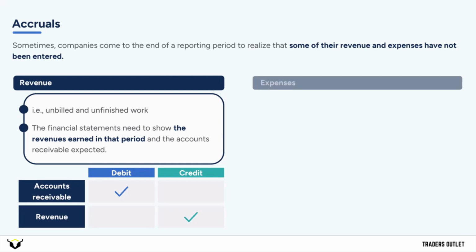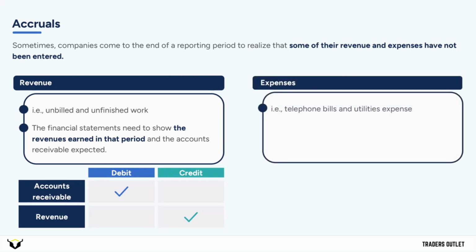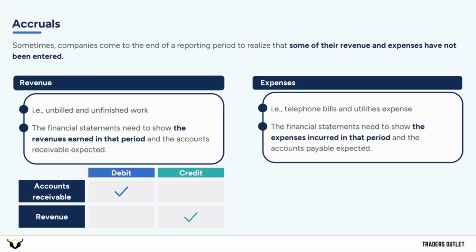The same thing can happen with expenses. We may have expenses that we incurred, but they haven't been recorded yet. Either we're too busy or maybe we haven't got the invoice yet from our vendor or supplier. But even though we haven't actually maybe received the bill from our supplier, we still need to record the amount of the expense owed on our financial statements.